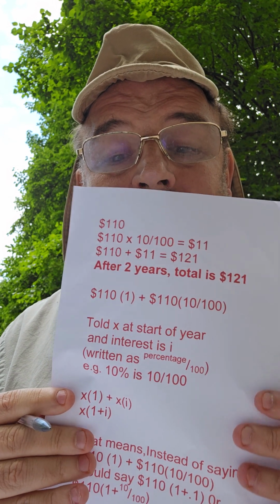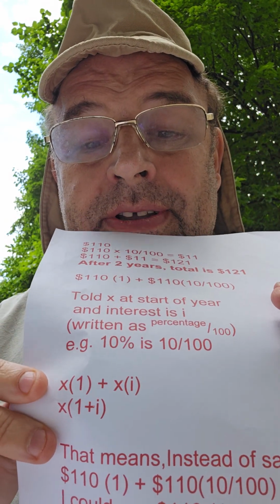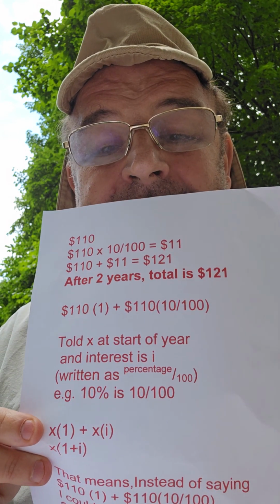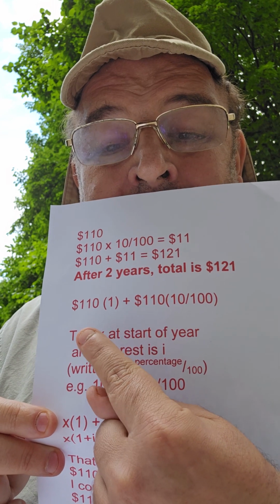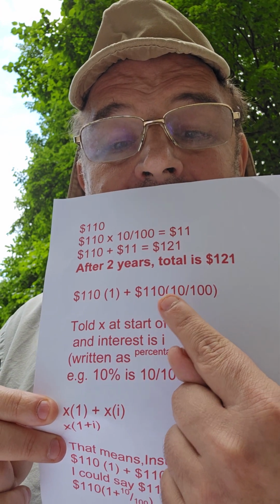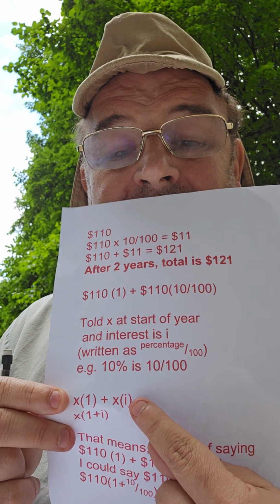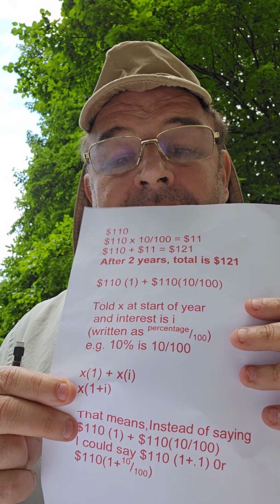So that would be x times 1 plus x times I. This formula is the exact same as that one. The only difference is here we know the numbers, here we do not. We're told that's 110, here we're told that's x. That's 110 times 10 over 100. That's x times I. I is the unknown amount over 100. That simplifies to x times 1 plus I.